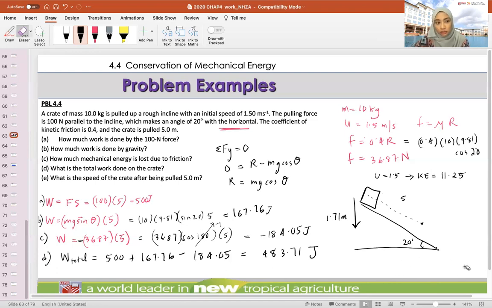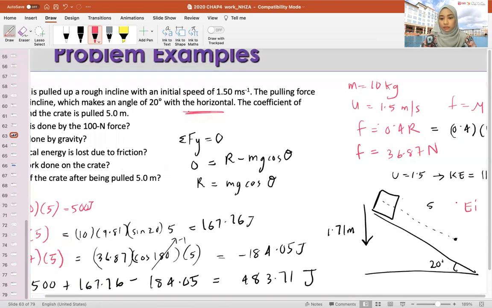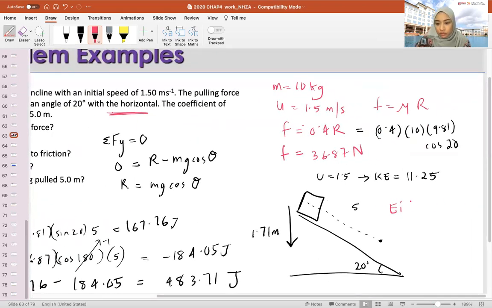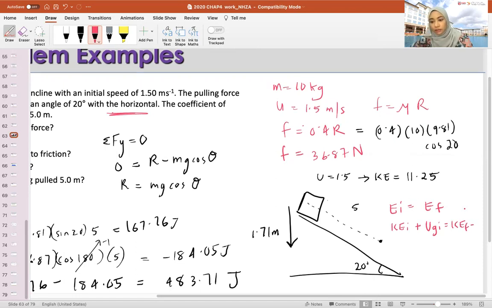Okay, so what are we losing here? We have our mg to start with, so let's do E initial. E initial is equal to E final, right? So E initial is going to be KE initial plus UG initial equals KE final plus UG final. But in this case, we don't know what the height is.